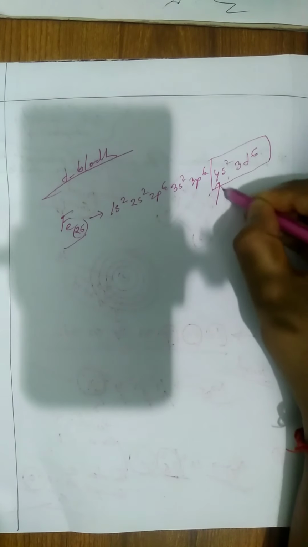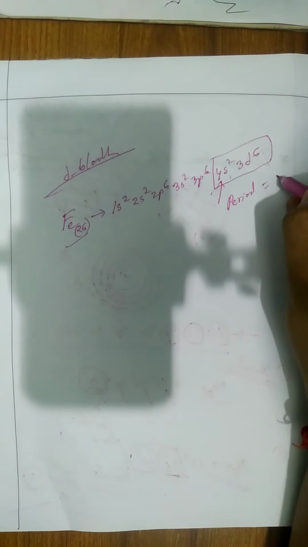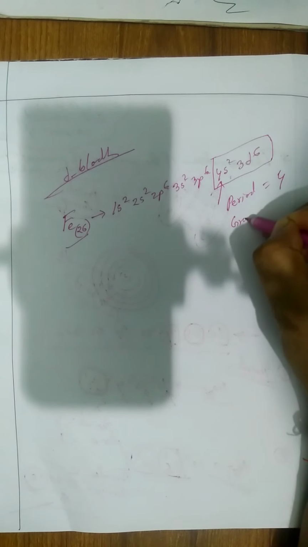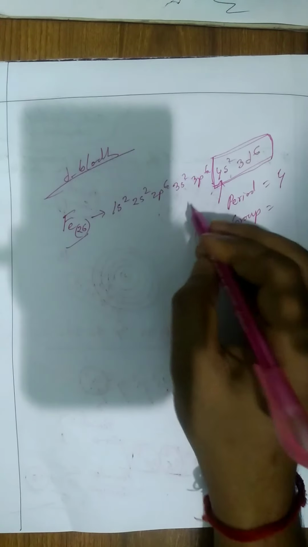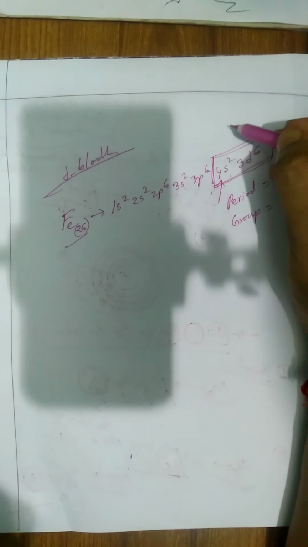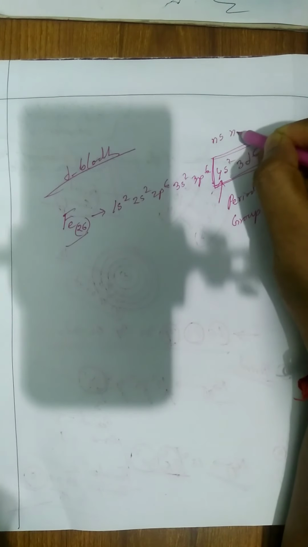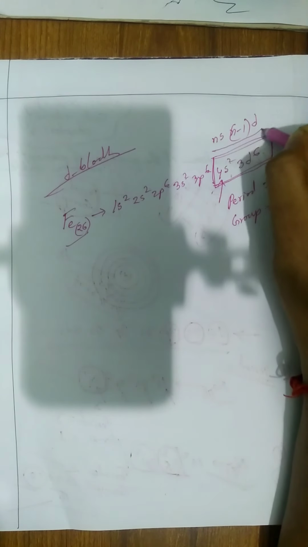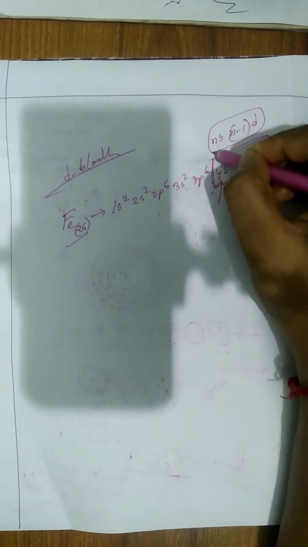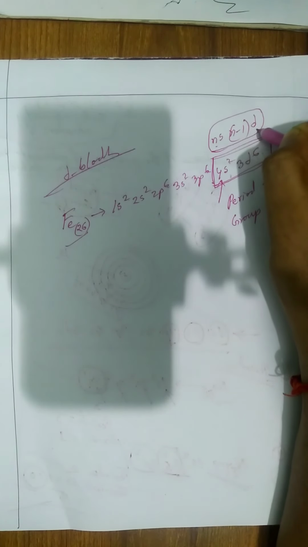In this case, the highest coefficient is 4, that means the period of iron is 4. For the group, the general formula is ns and (n minus 1)d.